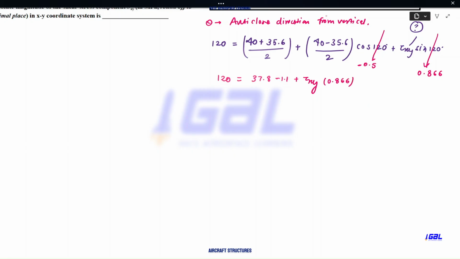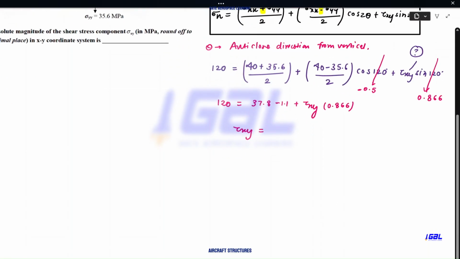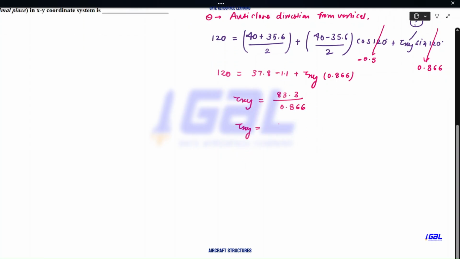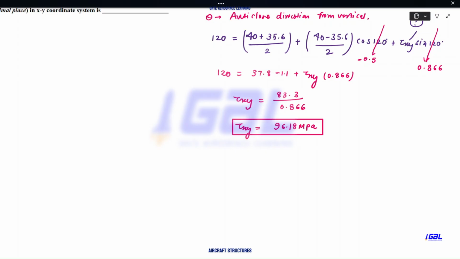All right, now if you do this, tau xy will be equal to, you take this into the left hand side, 83.3 divided by 0.866, and tau xy comes out to be 96.18 MPa. Now please verify whether you are getting this value or not. So this is the tau xy value.